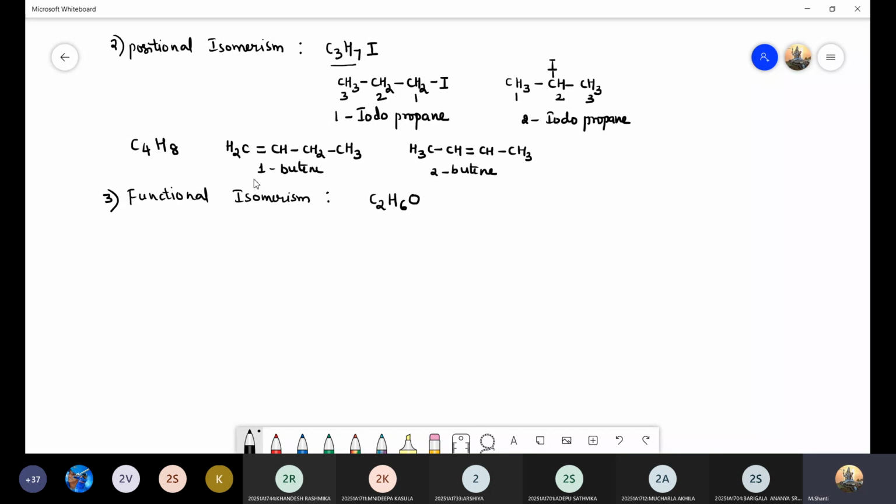Okay, now for this given molecular formula C2H6O, can you try writing the functional isomers? This is a very simple compound. I think by now you might have written. Any guess?